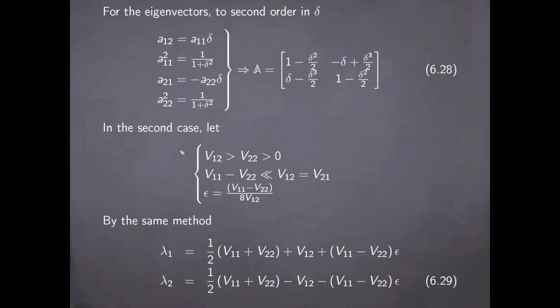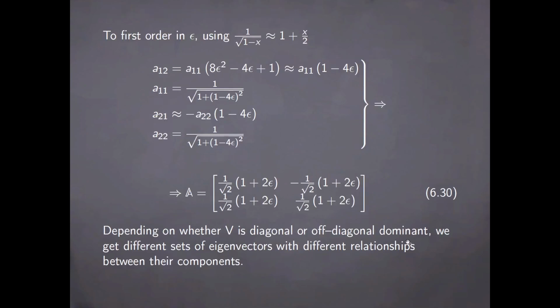In the second case, we once again consider that we have distinct and positive diagonal elements for the V matrix. However, the off-diagonal components are equal and are dominant, in the sense that they are much larger than this difference. So we can now work in the same way but using a new small quantity epsilon given by this ratio, and for exactly the same approach we should obtain the two roots given here.